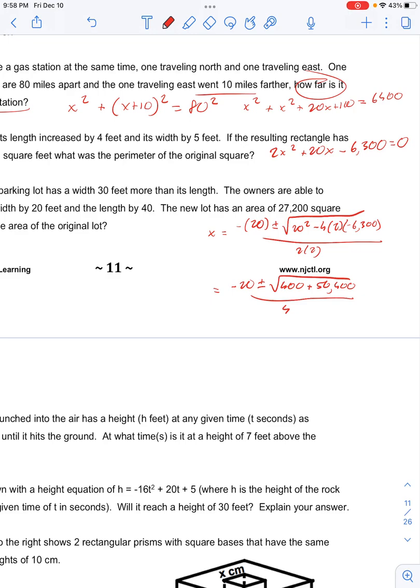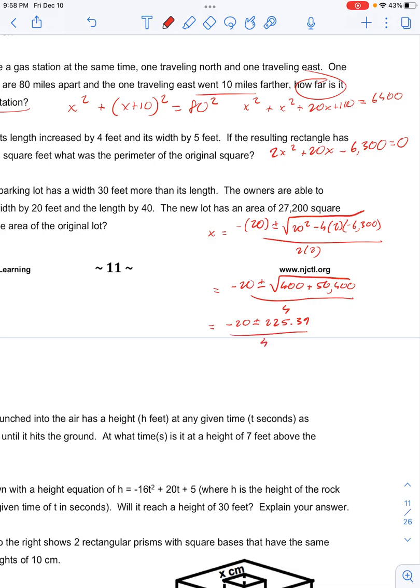Then if I take the square root of 50,400 plus 400, that would give me negative 20 plus or minus 225.39, rounding to the hundredth, all over 4.